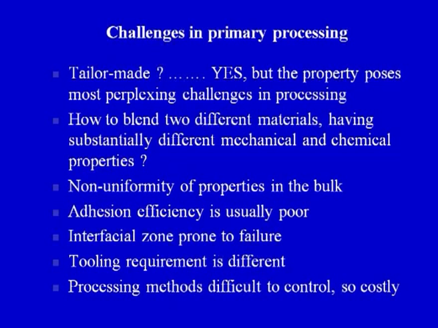But the major challenge is how to blend these two macro constituents together in order to design and develop a composite material. So, yes, these materials have the property of tailorability, we can design our materials, but this property poses most perplexing challenges in processing.